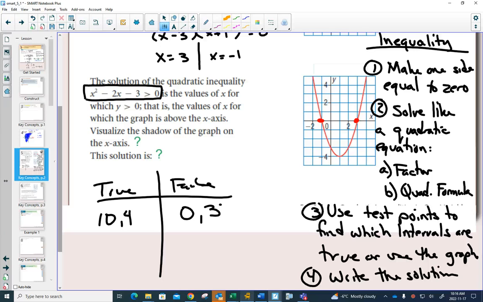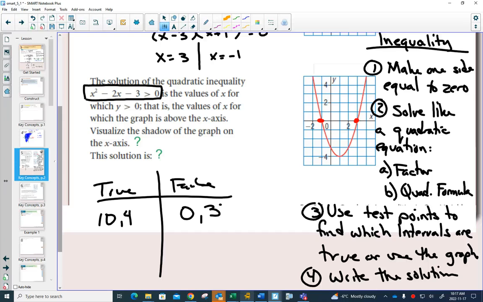Smallest whole number. What happens if I put in 3.5? Would 3.5 fall into the true part, or would it fall into the false part? And now that we're working in decimals, the mental math is harder. So we need a better system to figure this out, because you don't want to work with decimals.